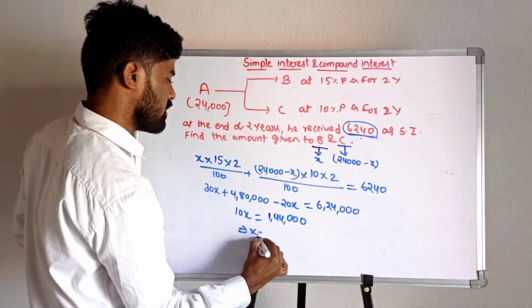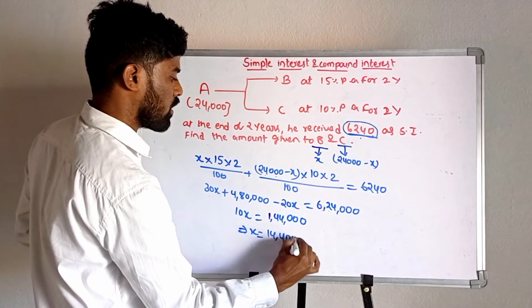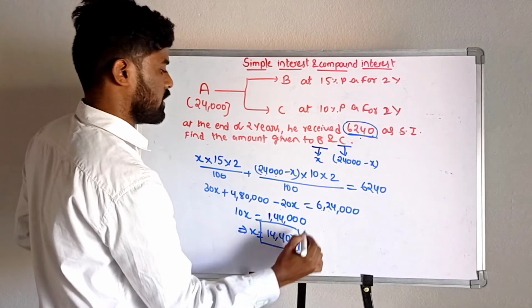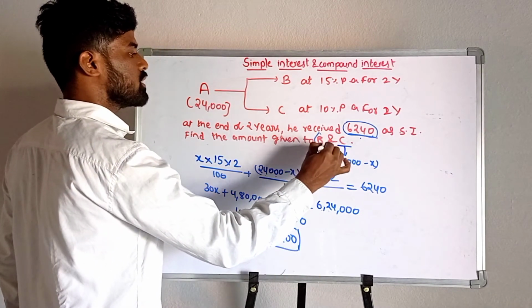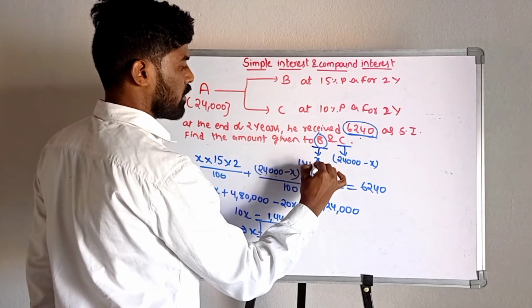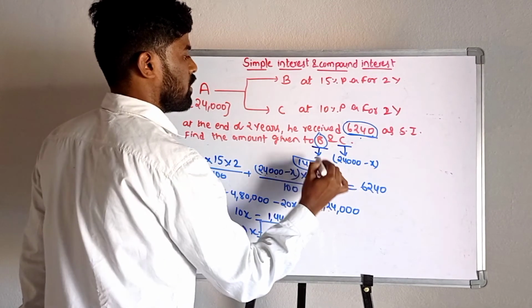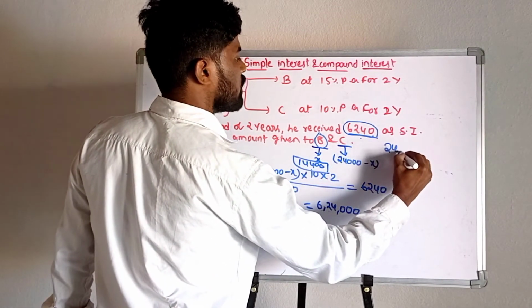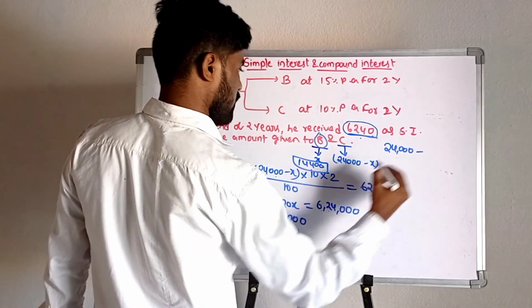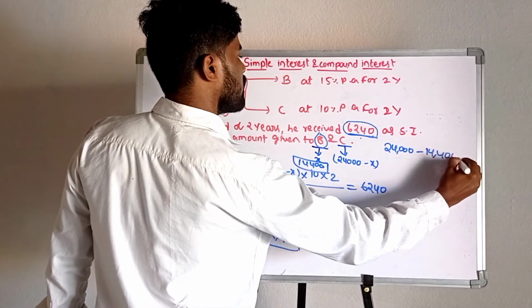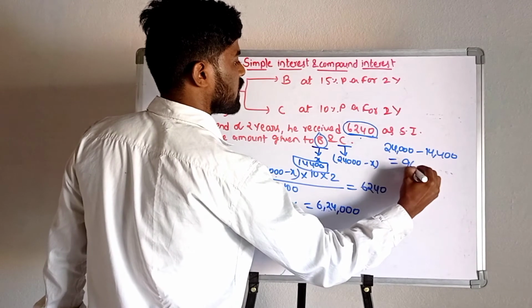That means x is 14,400. That means the amount given to B is 14,400. To find C, 24,000 minus 14,400, which is 9,600.